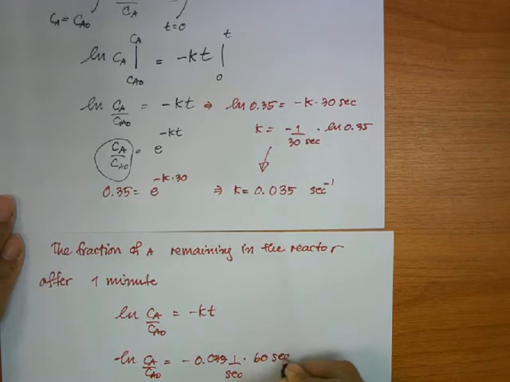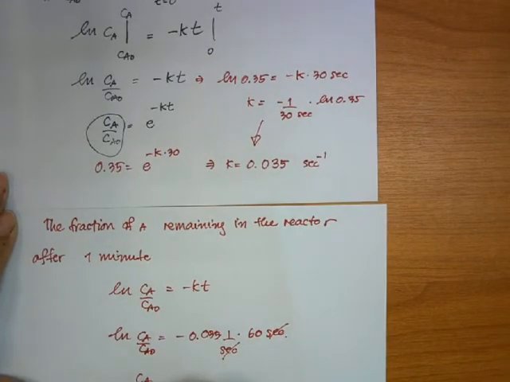Don't forget to change the unit, because the unit of this k is per second, not per minute. Okay, so what would be the fraction of Ca over Ca0? What do you get?